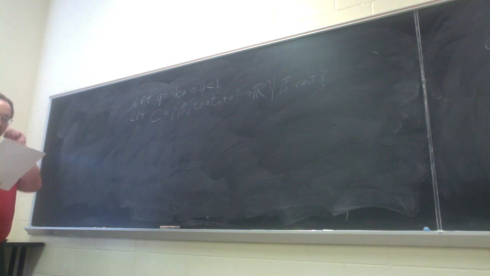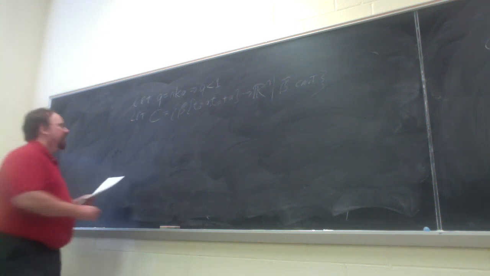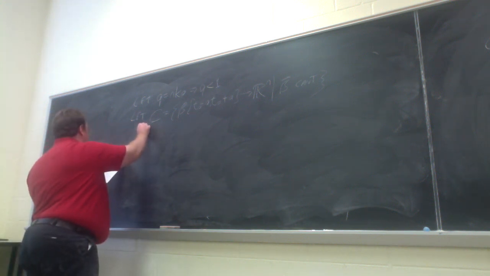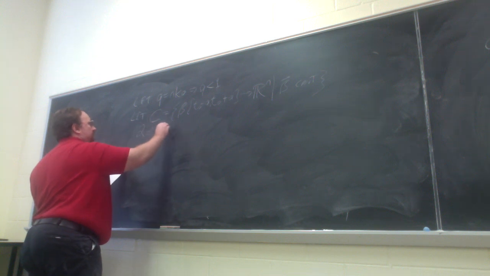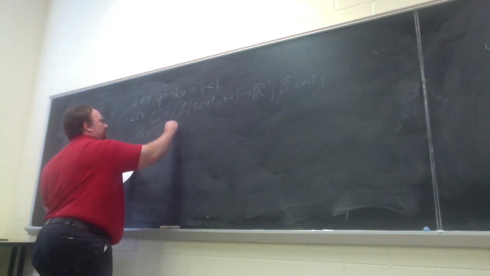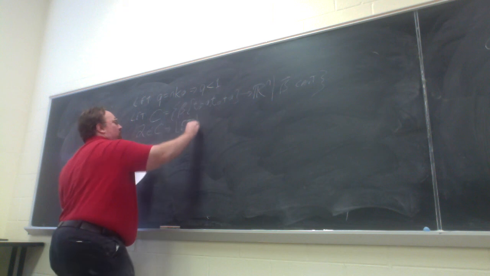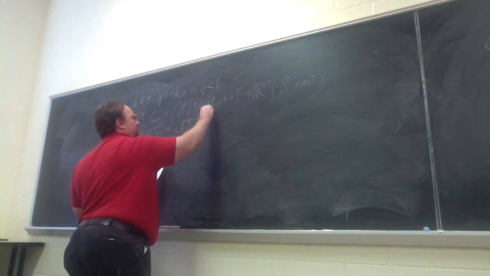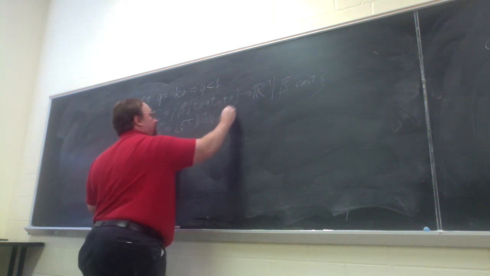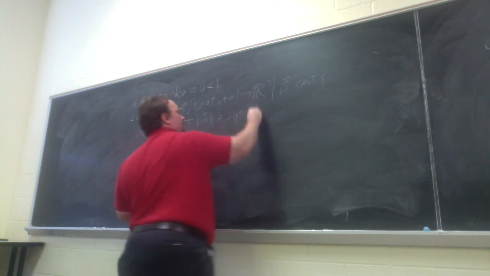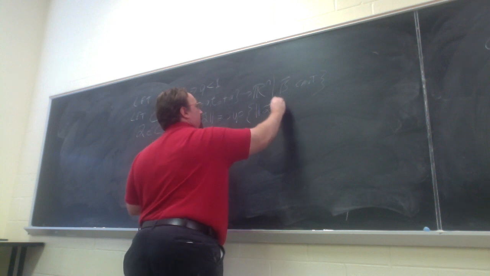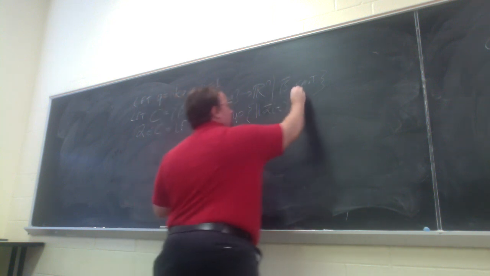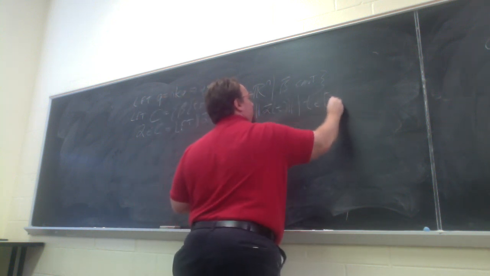All right. And if I take any curve alpha in C, I'm going to define the norm of a curve to be equal to the supremum of the norm of alpha of t over all t in my interval.